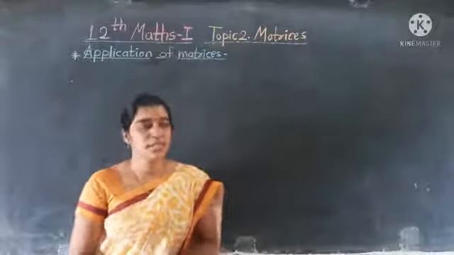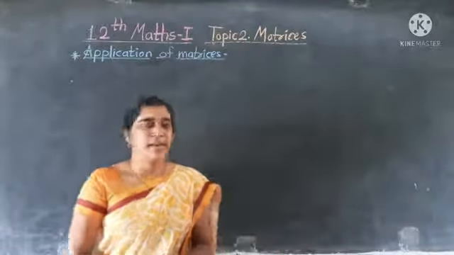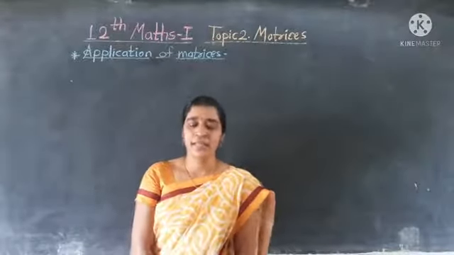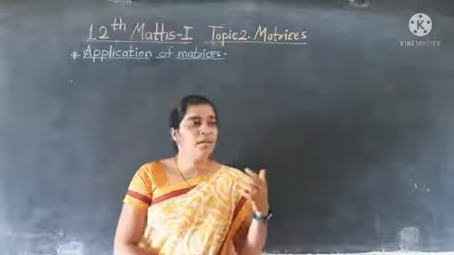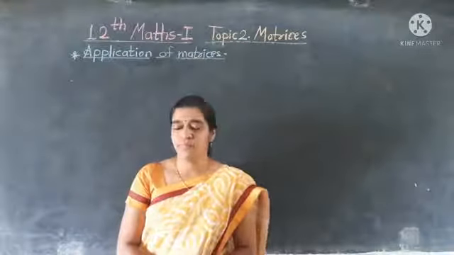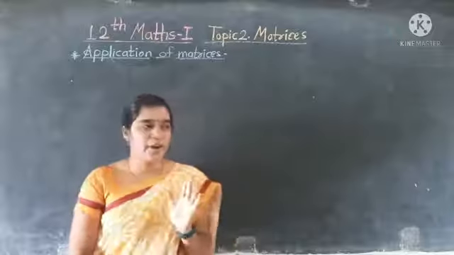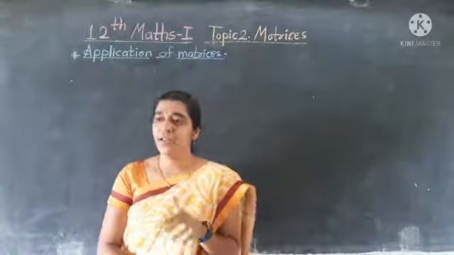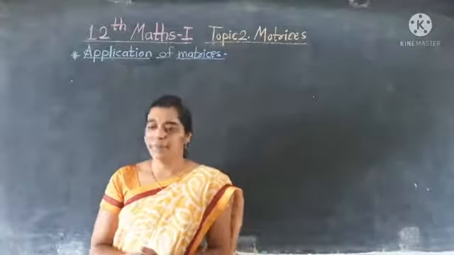Hello students, in 12th Maths first we had started topic number 2, matrices. In the last video we had seen finding the inverse of a matrix by two methods: by elementary transformation and by the adjoint method.